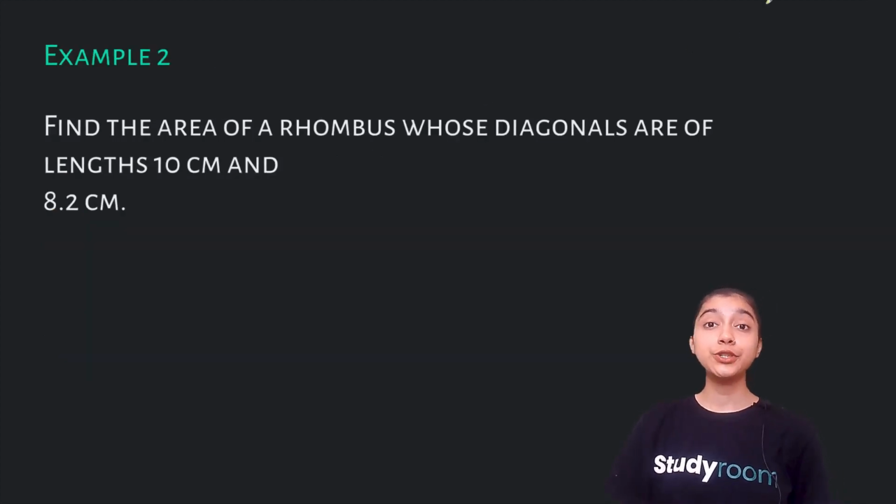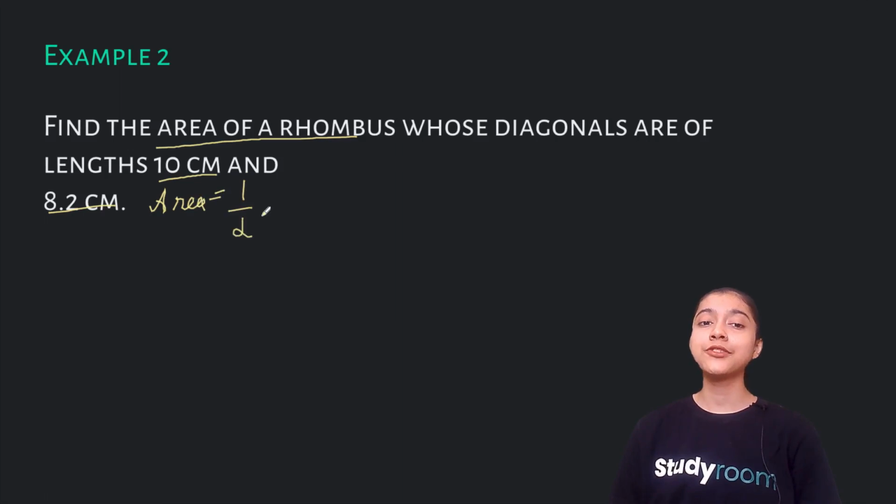Now that I have taught you to calculate the area of a rhombus, let us try this problem. In this problem, we have to calculate the area of the rhombus in which the lengths of the diagonals are given, that is 10 centimeters and 8.2 centimeters. First of all, the formula for the area of a rhombus, I think you all remember, was half multiplied with D1, the length of the first diagonal, multiplied with D2, the length of the second diagonal.